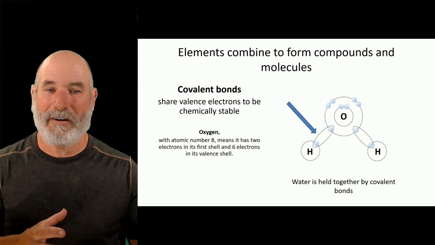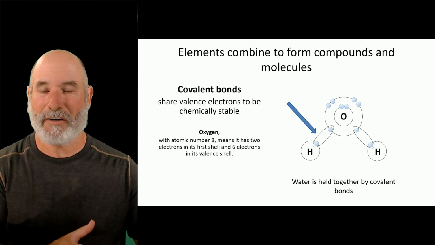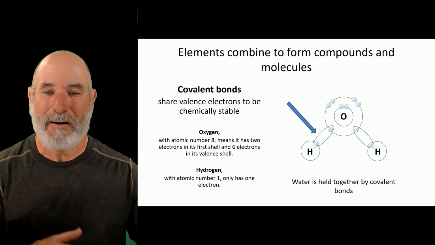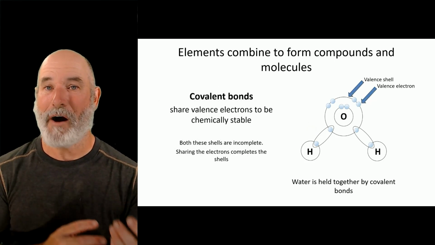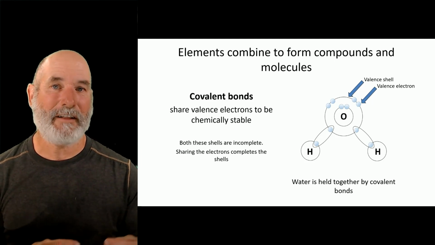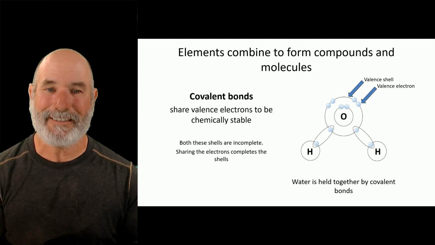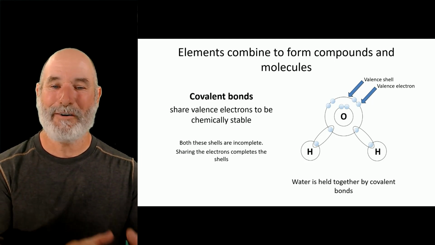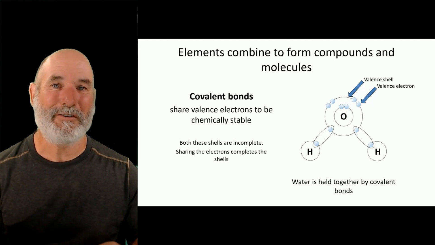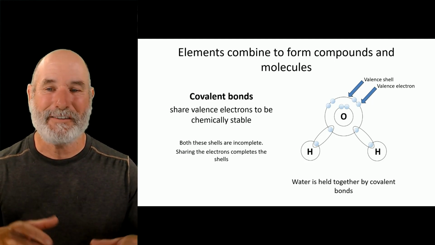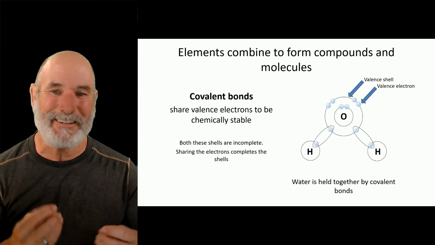Oxygen has 2 electrons in its first shell, 6 in its second shell. Hydrogen only has 1 electron. And then you combine them, right? You start sharing those unpaired electrons, and you form a covalent bond. There's some really cool stuff for those of you interested in PChem, like the quantum tunneling that occurs to get these things to work.